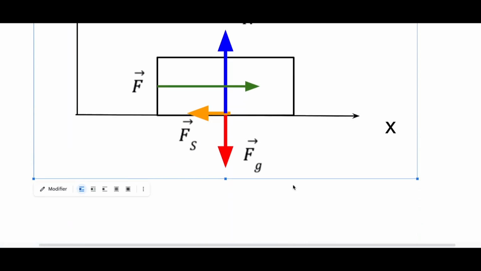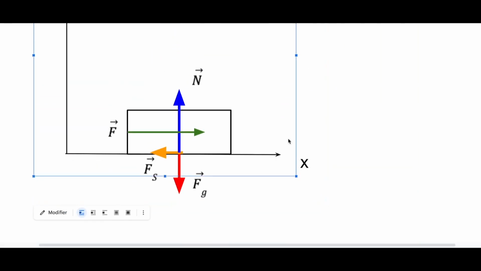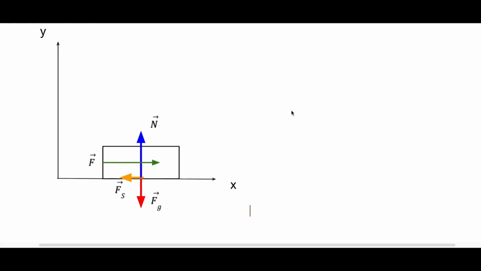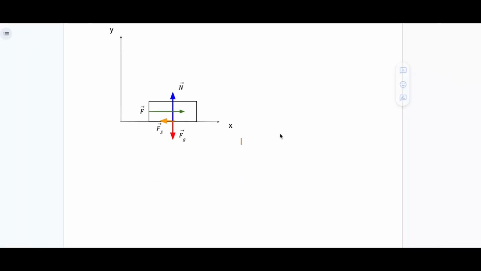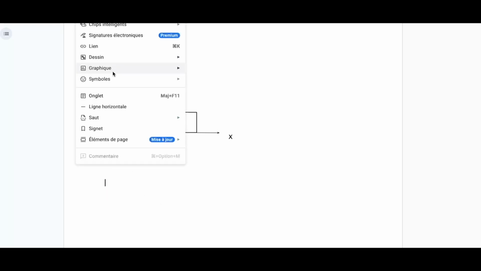So once we represented all those forces, make it a little smaller. The next step would be to write all the forces. So if I want to sum up all the forces, I insert an equation.